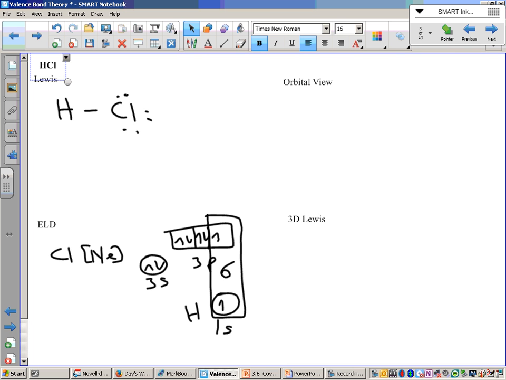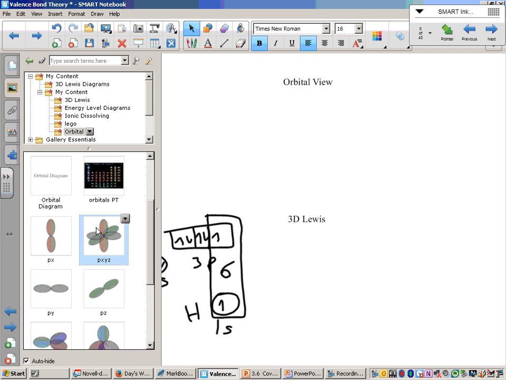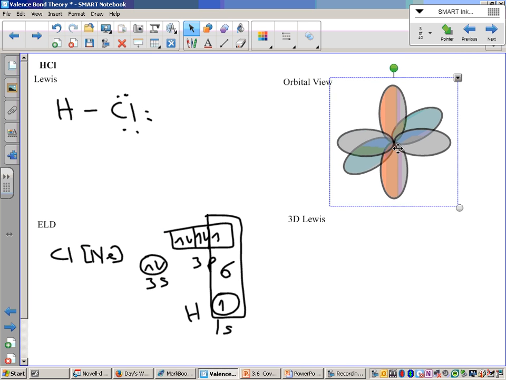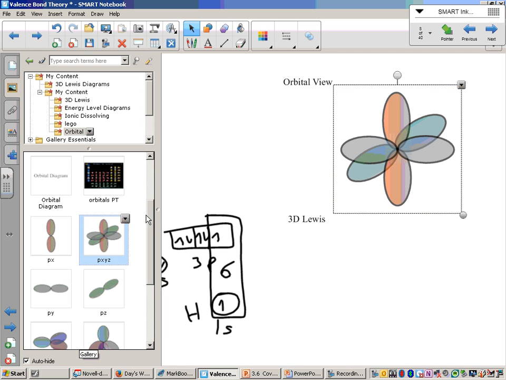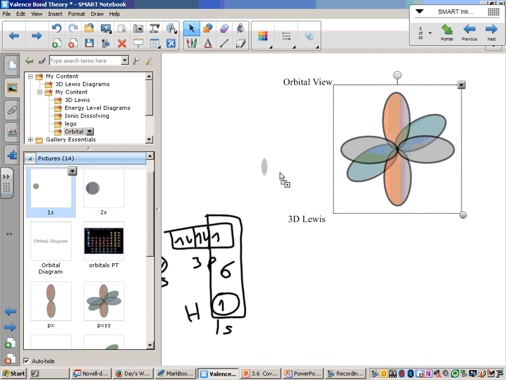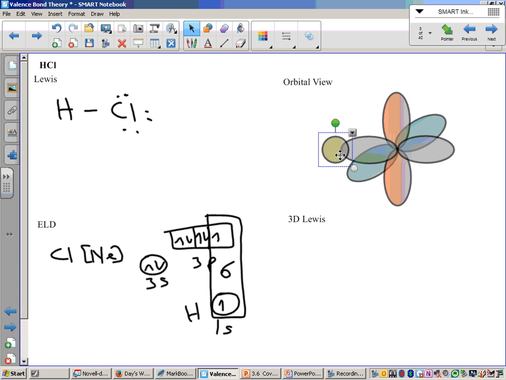So here's where now, due to the technology, I get to cheat a little bit on the orbital view, because what I can do is I can take my 3p orbitals that represent the chlorine, and off on the end of one of them, and I always like to put it on the x one just because it's convenient. We can think of it horizontally. It also will look like our Lewis diagram. I'll take one of my orbitals, which is a nice little 1s orbital, and I'll just put it over there on the side and have it overlap.